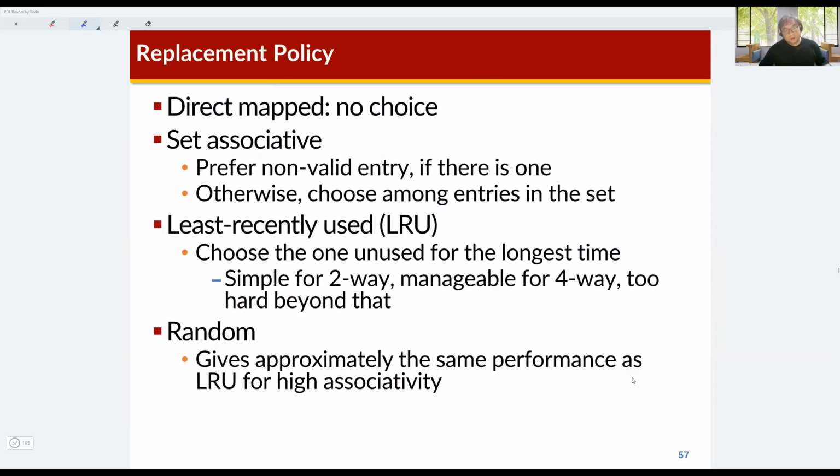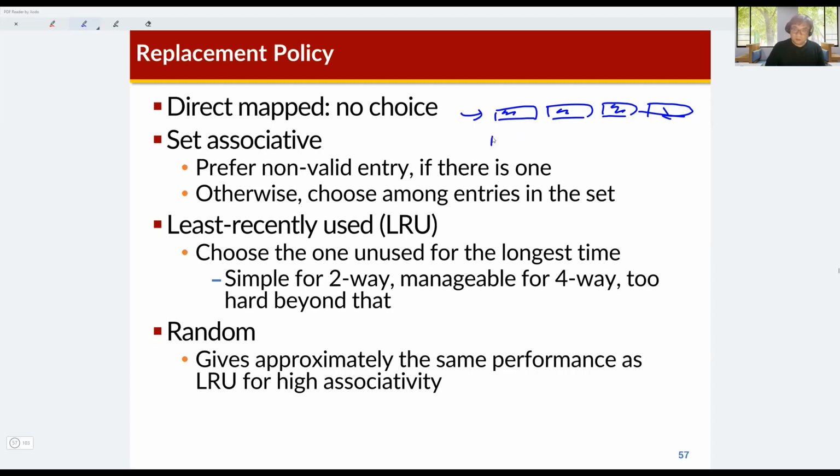Because there are multiple blocks in a target set, we can also determine which block will be replaced, which block will be evicted if the target set is already occupied by valid blocks. What does that mean? The target set may have multiple blocks that are fully occupied by valid data, and then a cache miss happens for this target set.